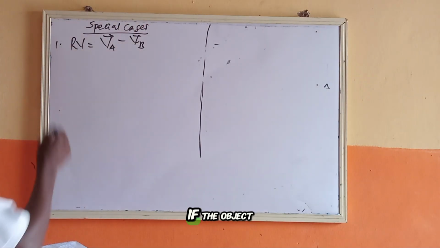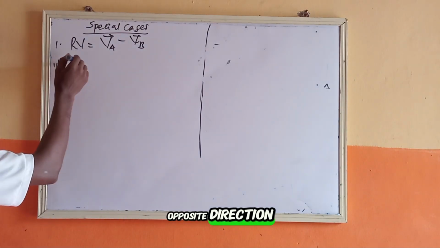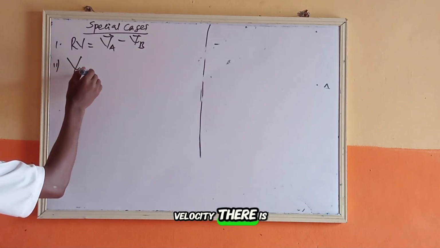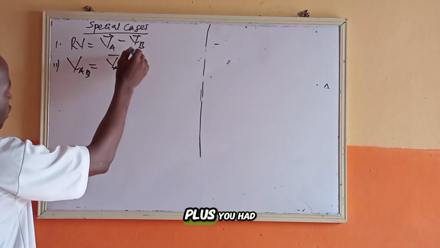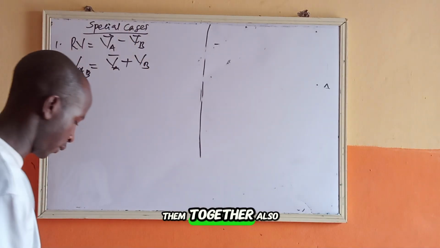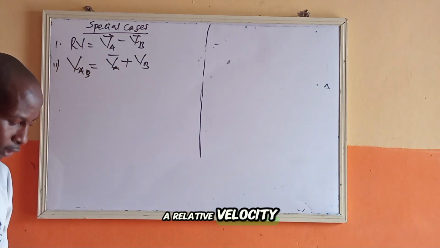But if the objects are moving in opposite directions, your relative velocity there is going to be plus. You add them together. So that is relative velocity.